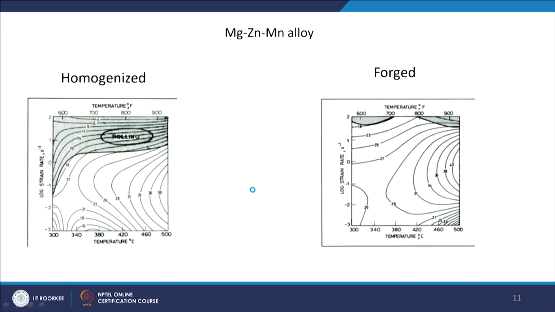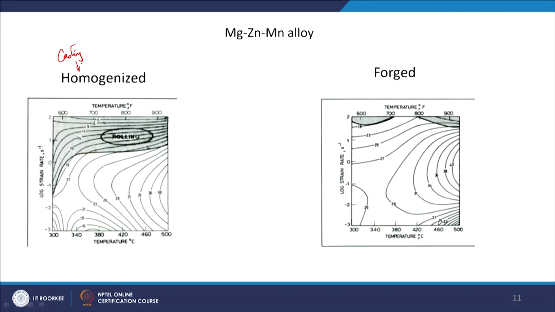Okay. So, you can see the difference between a homogenized alloy and the forged alloy. Okay. So, please understand that this is a homogenized material. So, after casting, okay, you have done the homogenization. Still the dendritic structure will be there, but what the homogenization will do is homogenize the material, the chemical composition will be the same throughout the material now.